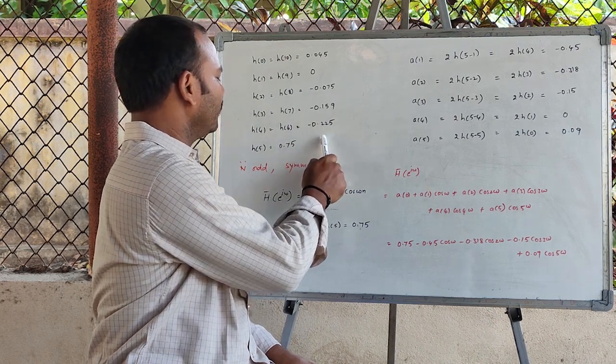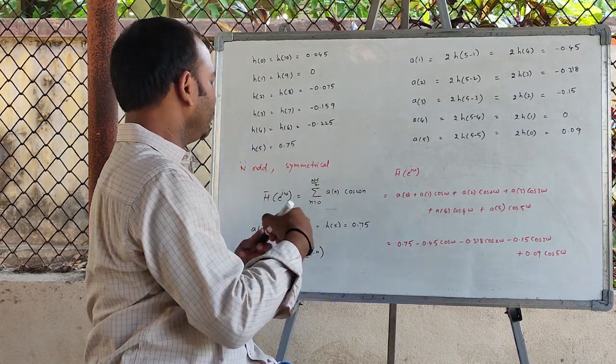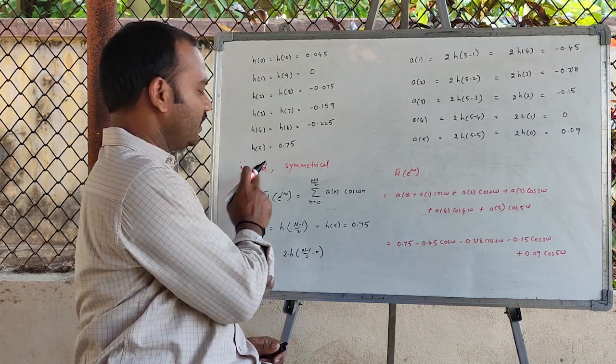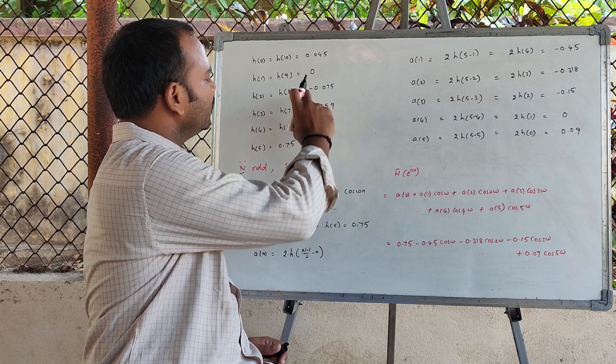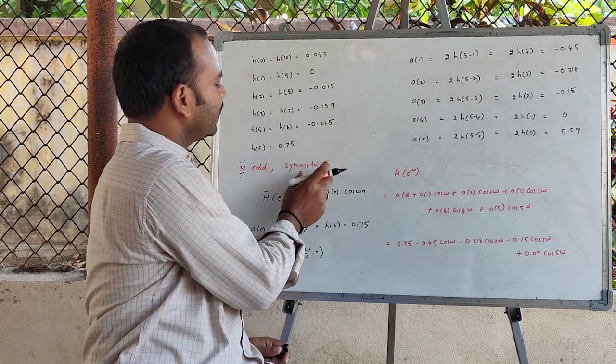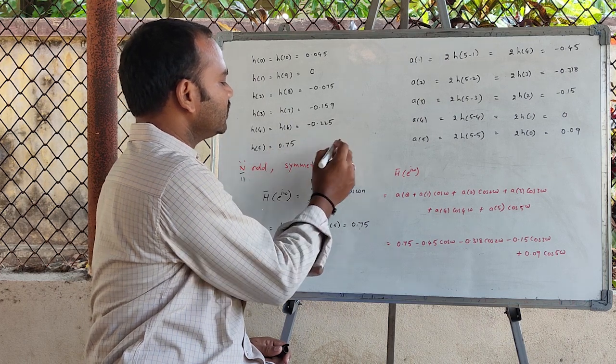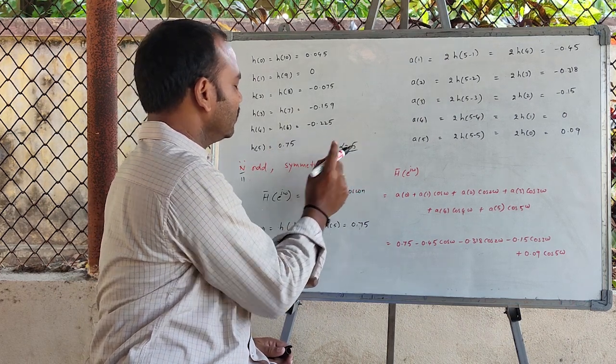From this FIR filter, we can observe that the value of capital N, that is equal to 11, is odd, and from observing this particular FIR filter, we can understand that it is symmetrical about h of 5, that is alpha is equal to 5.